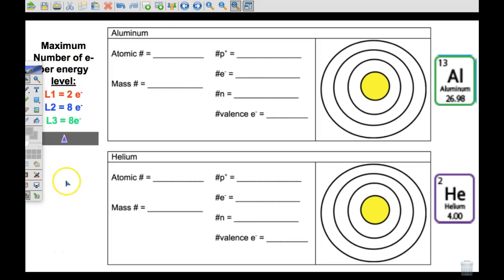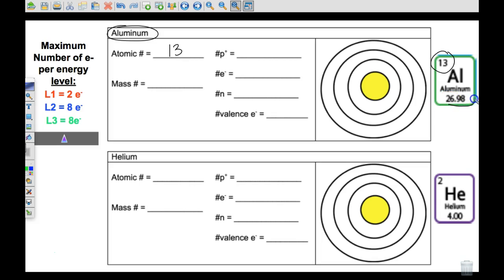Let's do one more example together before you do helium on your own. We have our fun cheat sheet off to the side, and eventually you'll have this memorized because you'll use it so frequently. The first thing we do for a Bohr diagram, as a brief reminder, is we always look at our periodic table. So we identify our atomic number, which is 13 for aluminum, because it's the smaller of the two numbers.